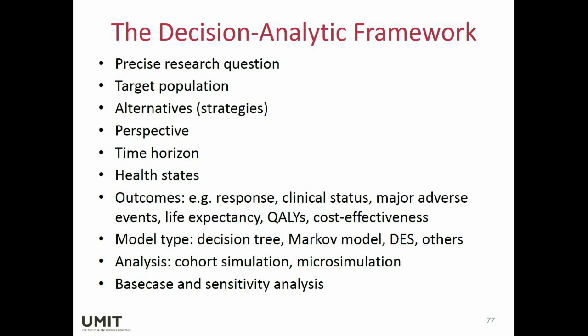Then we define the target population, the alternative strategies, the perspective, the time horizon, the relevant health states to describe the pathway of the patient, the history of the disease, the outcomes of interest, which could be response, it could be clinical status, major adverse events, life expectancy, quality-adjusted life years, but also we could calculate costs and in the end do cost-effectiveness analysis.